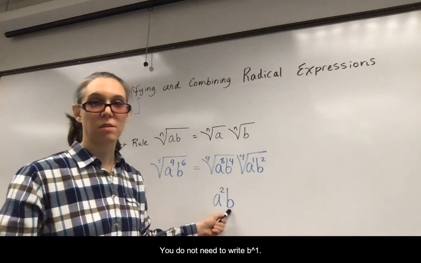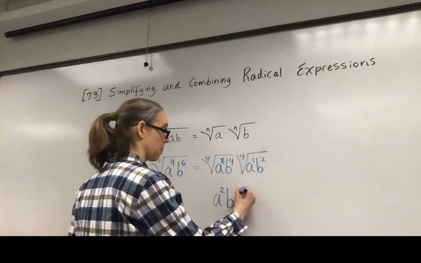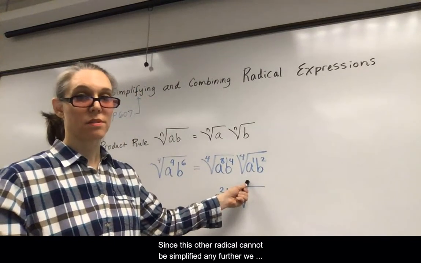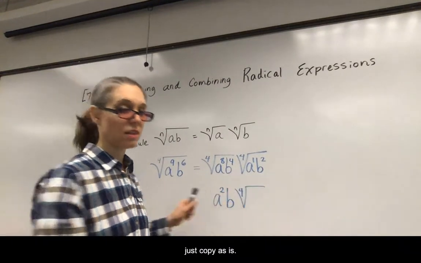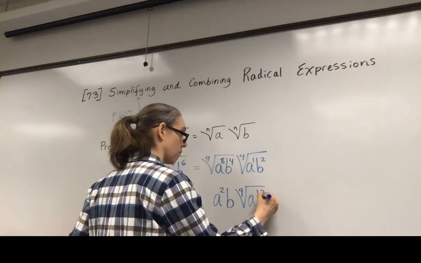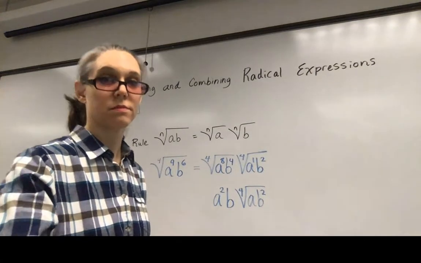You do not need to write b to the first power, just b is fine. Since this other radical cannot be simplified any further, we just copy as is. So we are left with a fully simplified radical.